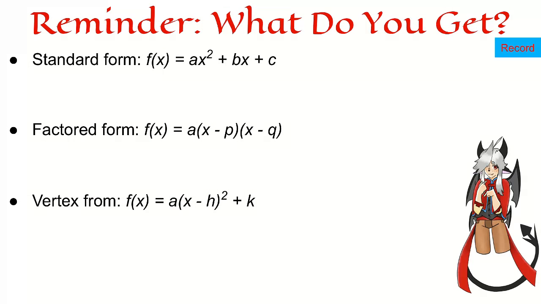Okay, folks, so here we have the three forms of quadratics: standard, factored, and vertex form. What do you get from standard form equations when you think about the graph? So here's our standard form. What does it tell us about the graph? Any brave volunteers out there this morning?